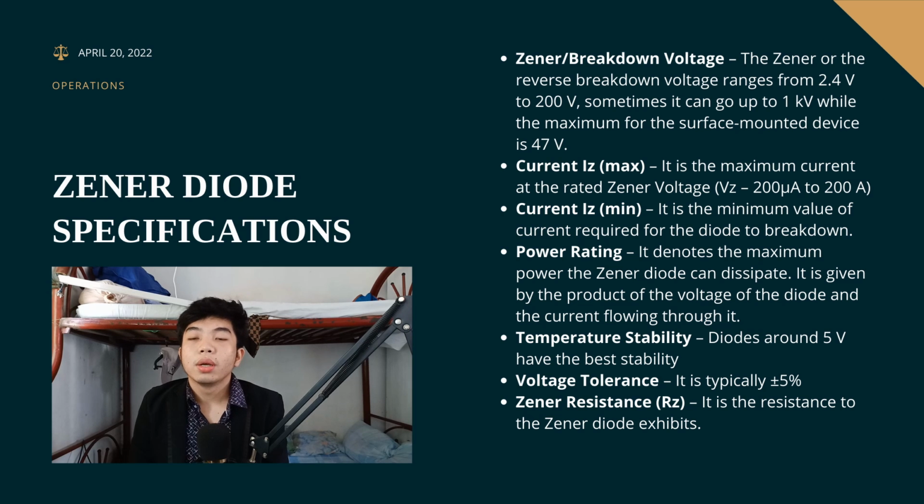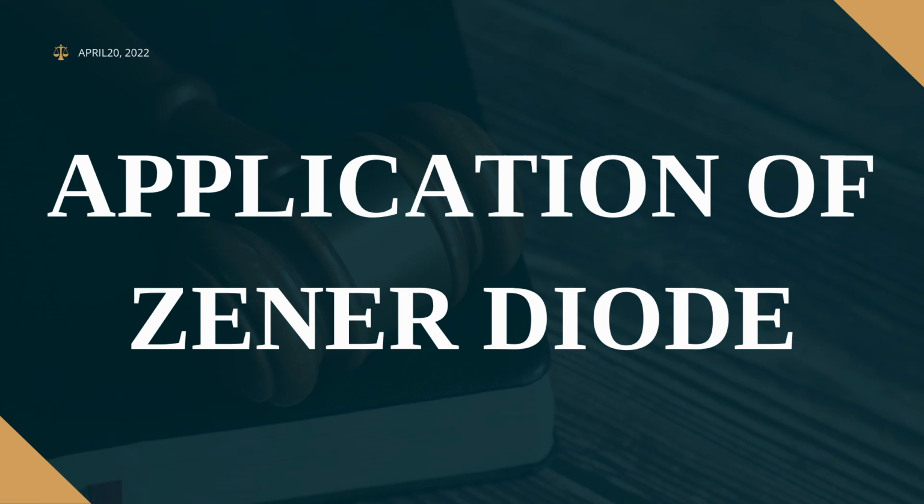And then, yung voltage tolerance ay nasa plus minus 5%. At ang Zener resistance ay yung resistance na kayang i-exhibit ng ating Zener diode.